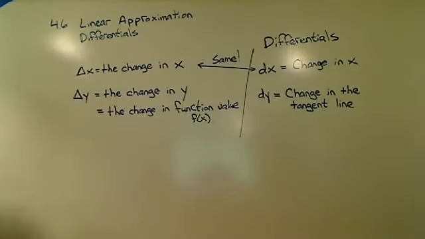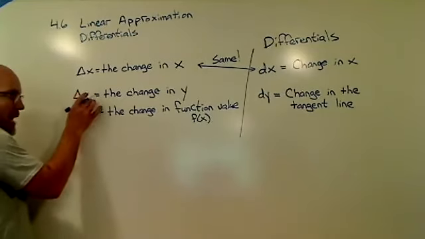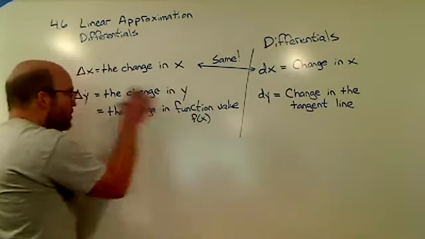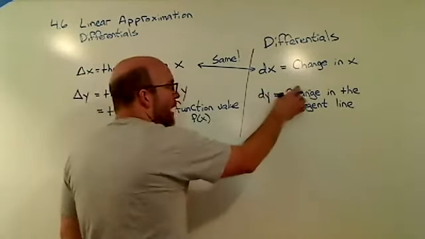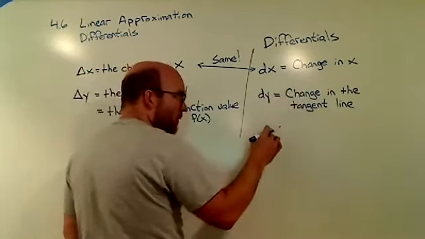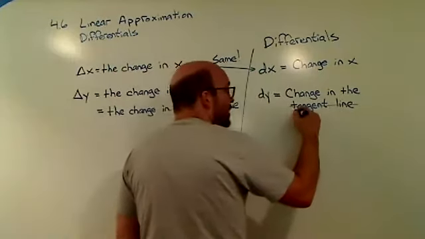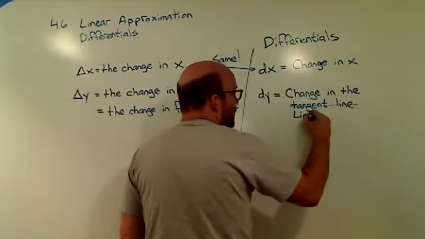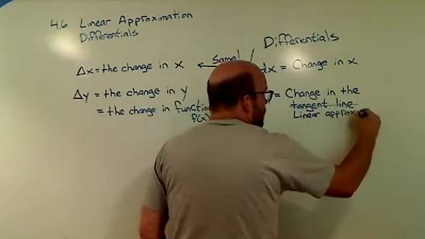So really the difference here is that we're going from taking the change of y, being really talking about the change in the actual function itself, whereas the differential y is the same thing as the change in the tangent line. Again, our textbook's not going to say the change in the tangent line. It's going to be the change in the linear approximation, which is the exact same thing as the tangent line, just a little bit more formal.